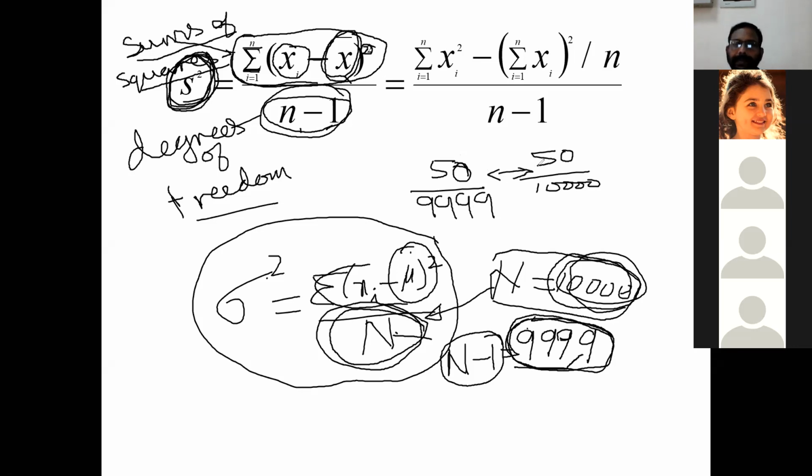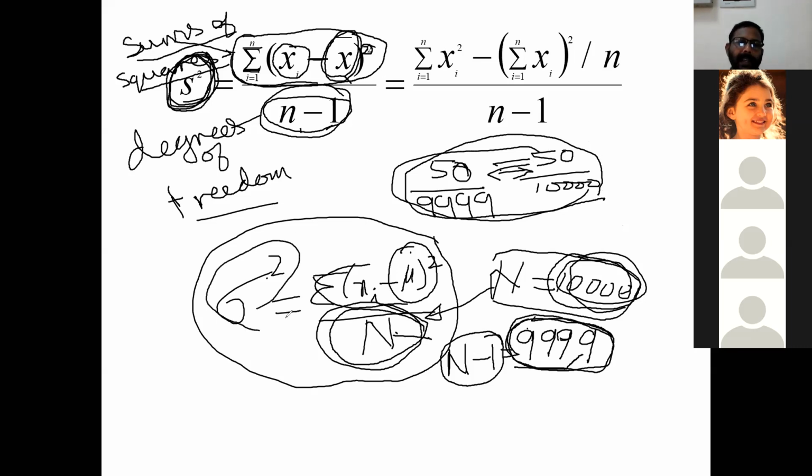No. If you put it in a calculator, the result is more or less the same. So that is why for the population variance we consider degrees of freedom as N, not N minus 1.